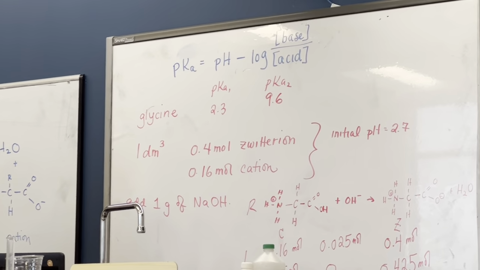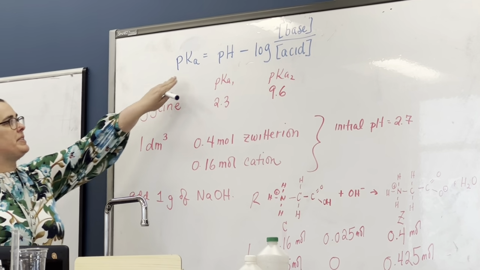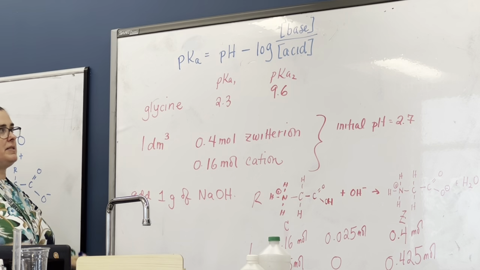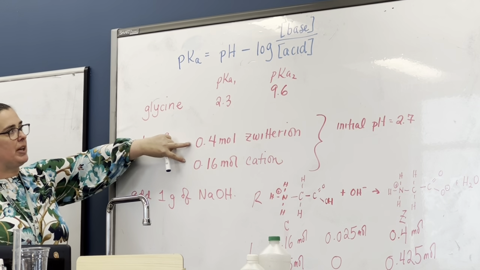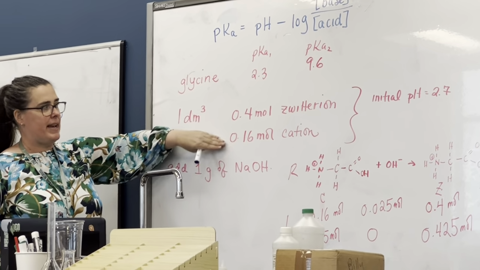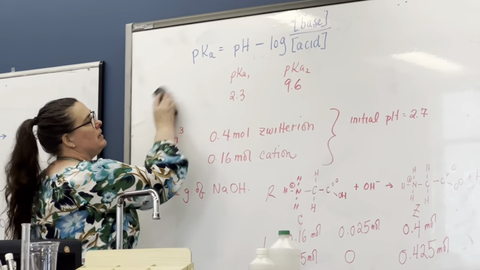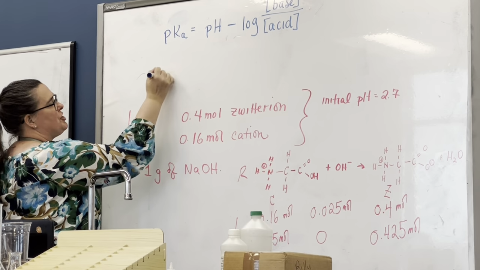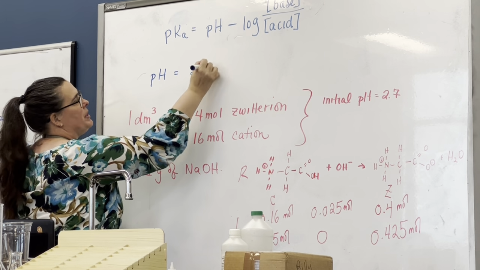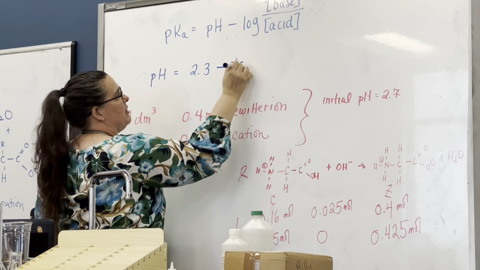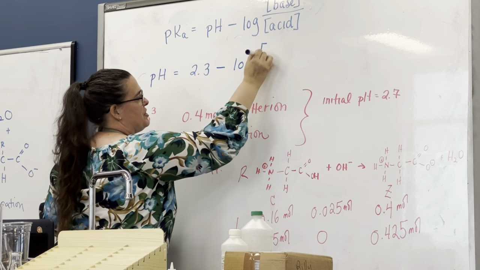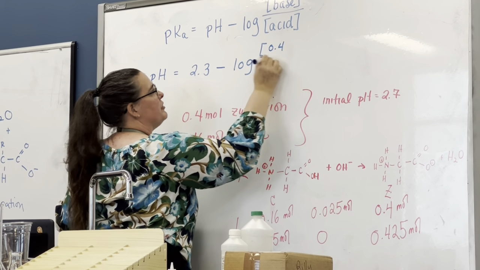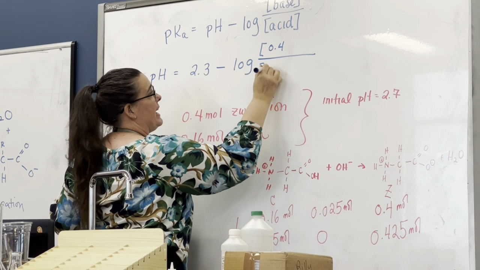So in my calculator, I rearranged this because it's clearly in the wrong direction, and you already saw that I can't subtract. I knew that I was working with the pK that's 2.3 because I had the cation and the zwitterion. And so I wrote that the pH was equal to 2.3 minus the log of the concentration of the base over the concentration of the acid.